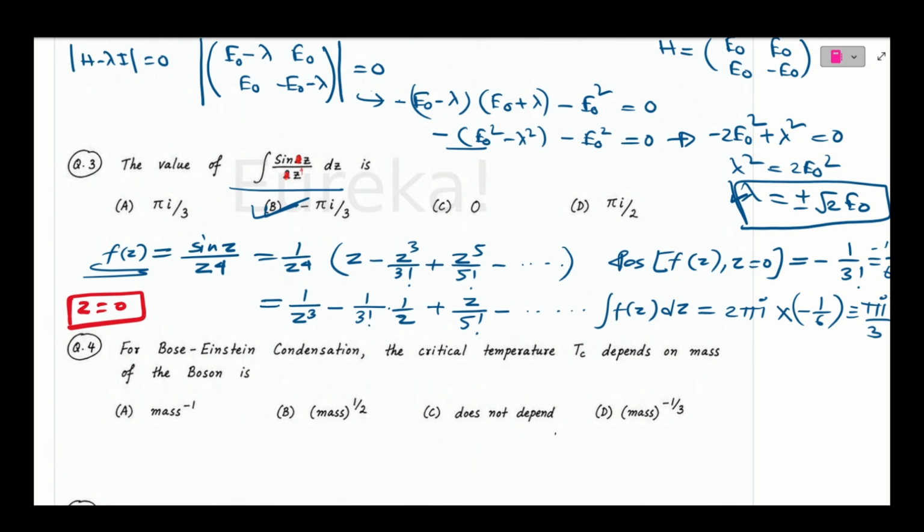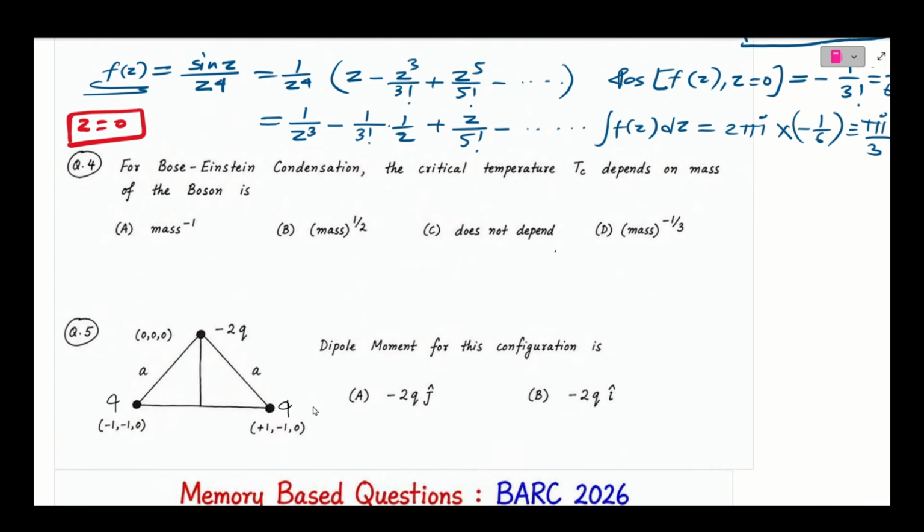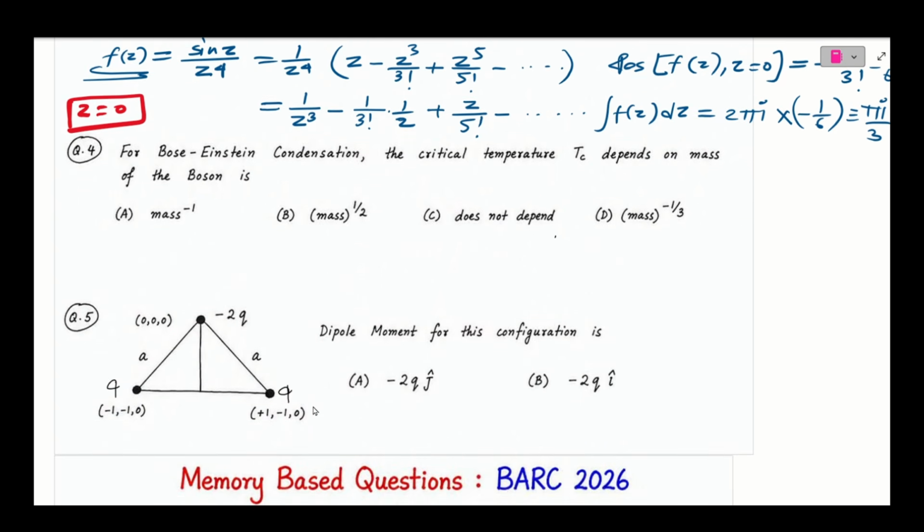Fine. Next question is question number 4. In Bose-Einstein condensation, the critical temperature Tc depends on the mass of the boson. How? What is the variation between Tc and the mass of the boson?